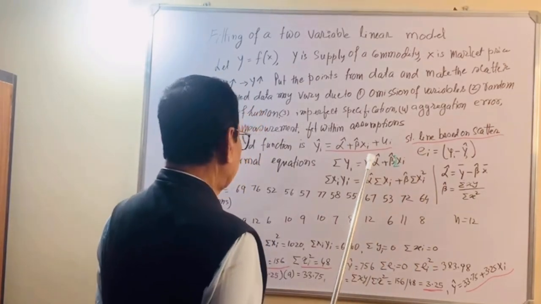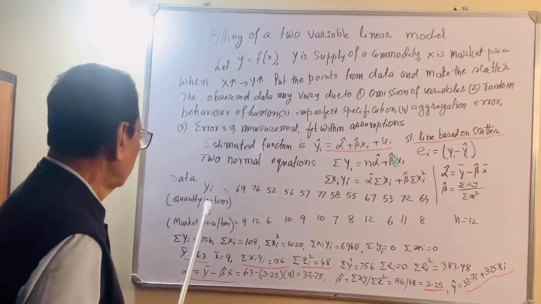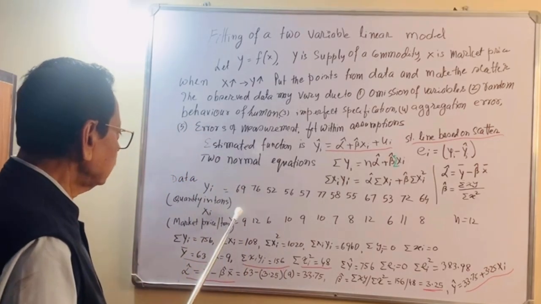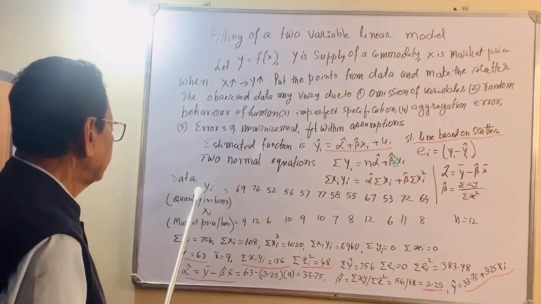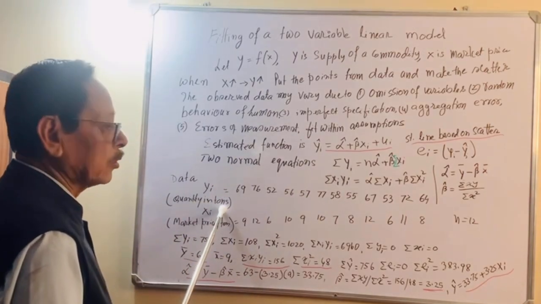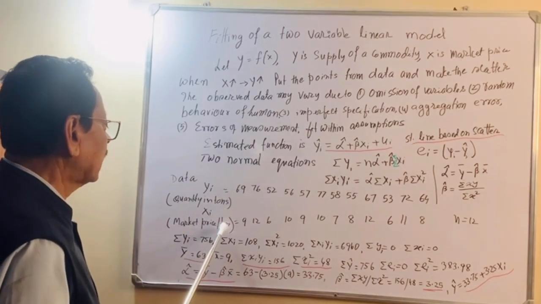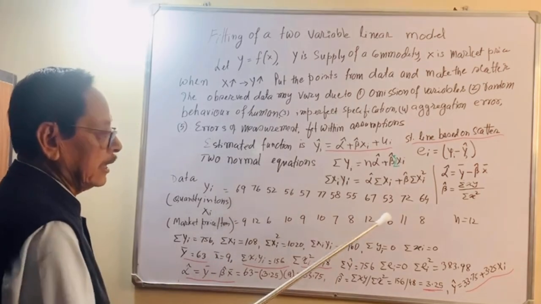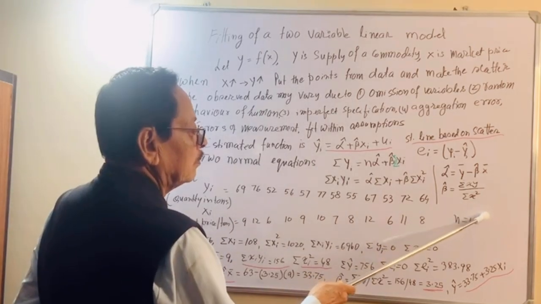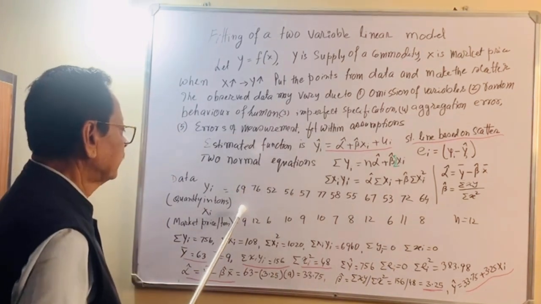Okay. Now one example with data. Suppose data are given. So yi is the quantity in tons, and xi is the market price per ton. And there are n number of observations or n number of pairs.